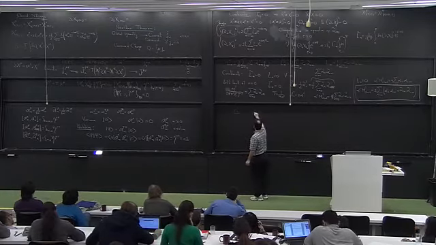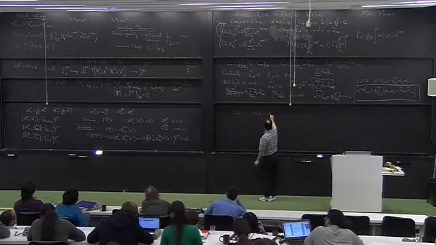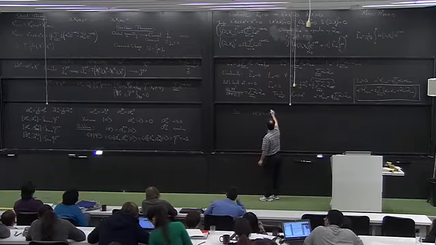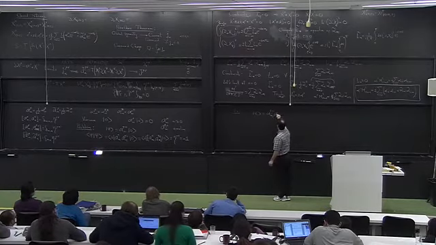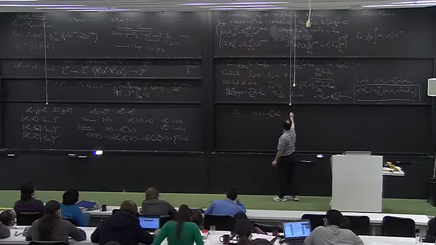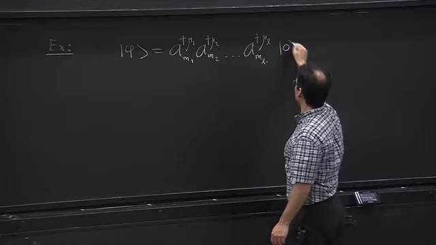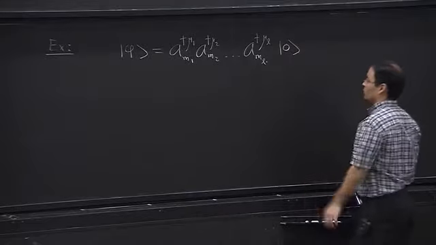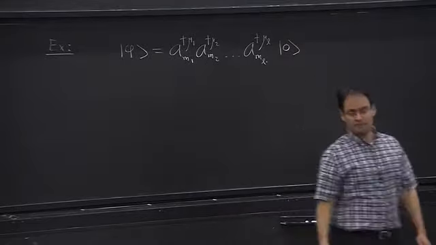A general state in the Hilbert space would be something of the form AM1 dagger mu1, AM2 dagger mu2, up to AM L dagger mu L, acting on the vacuum, for any L and any indices mu.